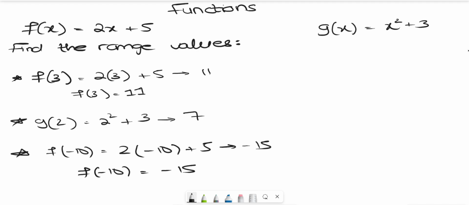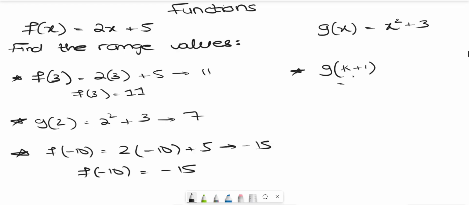Now, a few different types of questions could be, let's say, you were asked g of k plus 1. Now what do we do here? We'll simply input the value k plus 1.